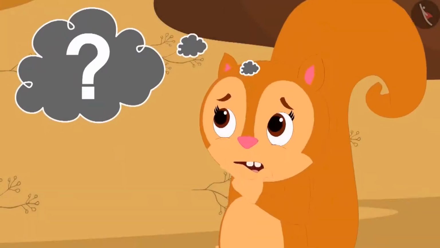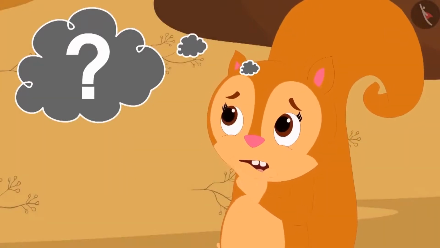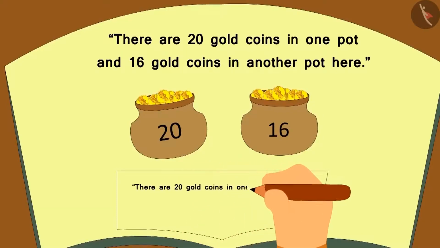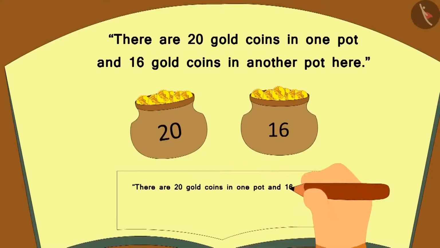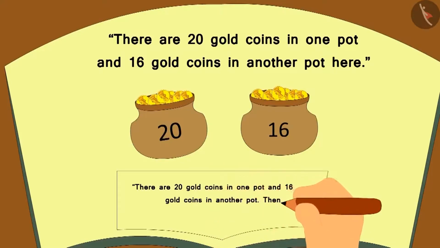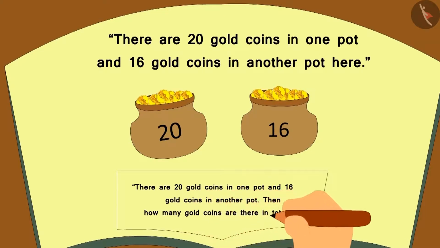After thinking for a while, Chanda wrote down a question there. There are 20 gold coins in one pot and 16 gold coins in another pot. Then how many gold coins are there in total?